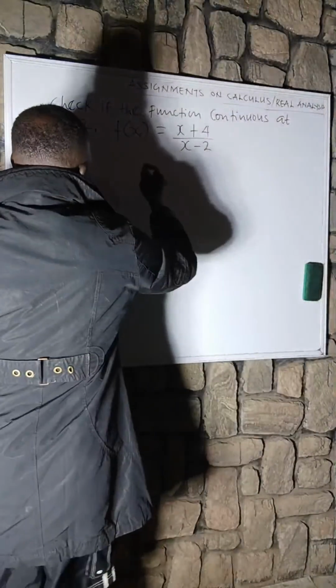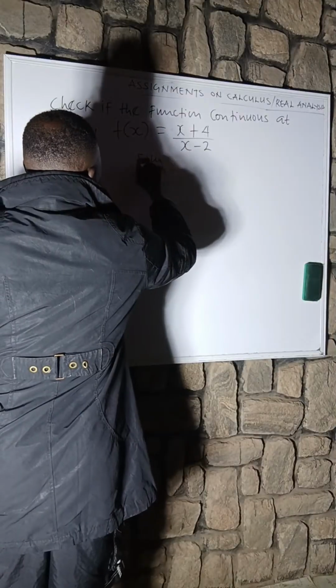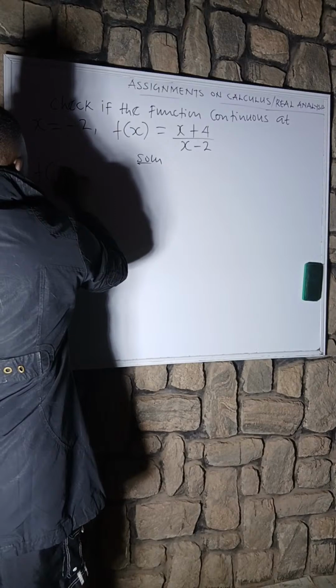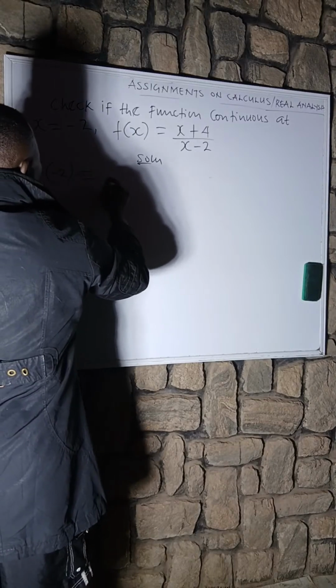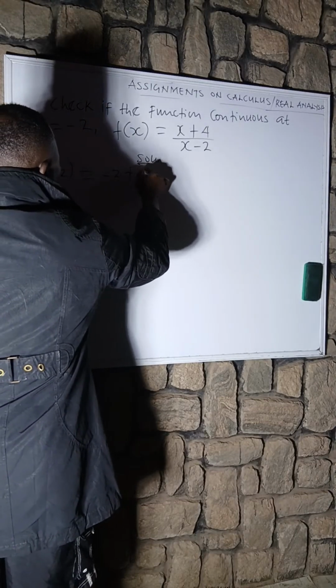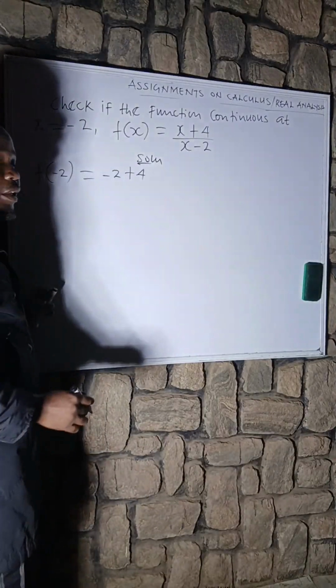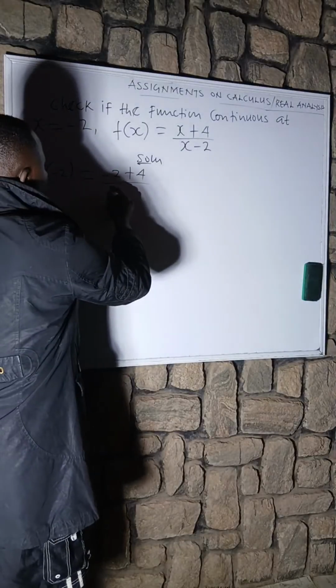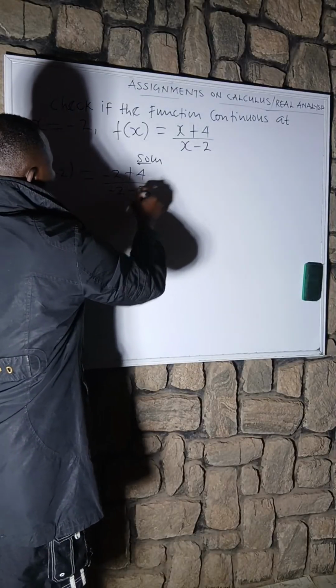This is what we are going to do. We write the solution. We now write f of minus 2 is equal to minus 2 plus 4, right? Then all over, anywhere you see x, here we now put minus 2.